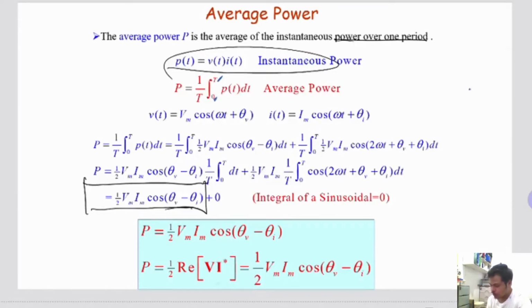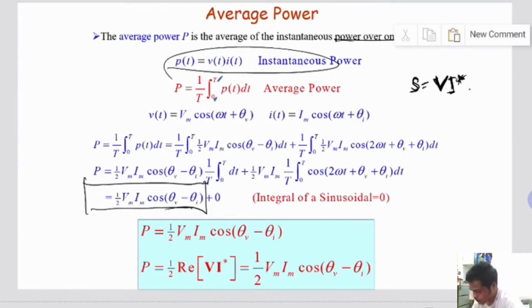This is the average power equation taken from the integration of instantaneous power, and that is similar to determining the real part of the apparent power. Apparent power is given by S equals V times I conjugate. The real part of that is your average power.